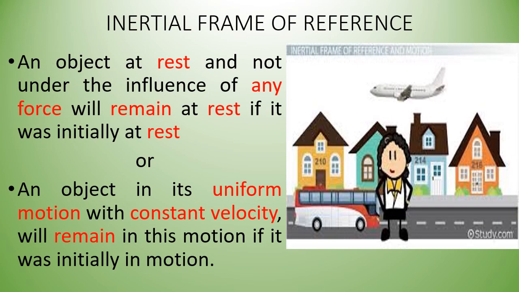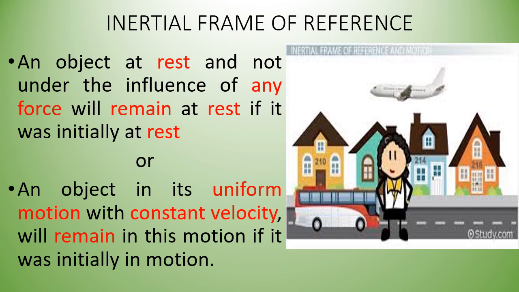The inertial frame of reference is nothing other than what we talk about in Newton's first law. In that first law of motion, you can see someone in front of a building and a car also there, trying to illustrate the inertial frame of reference.